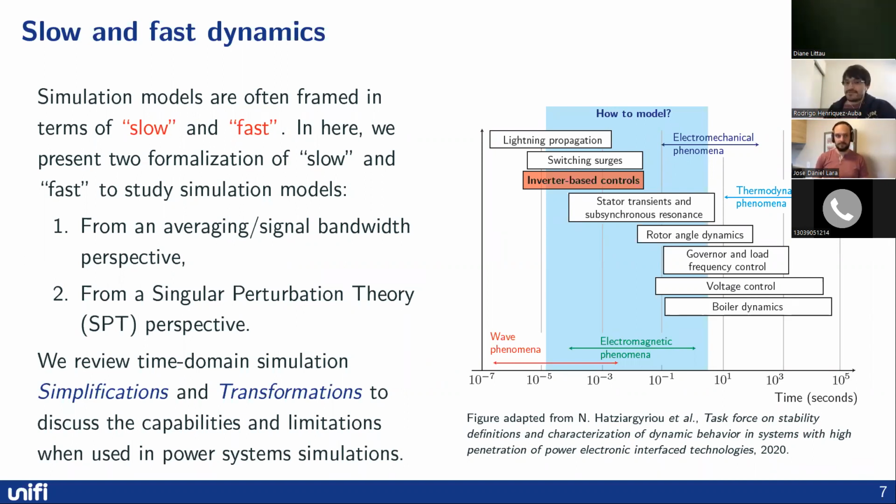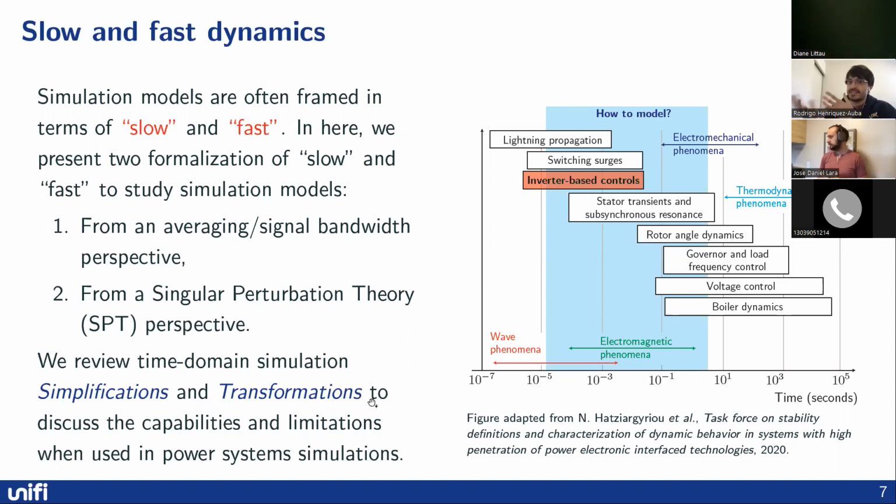So for us, it seems almost impossible to establish a general agreement in the same terms as the IEEE 1110, but I think achieving a similar standard for inverter models is an important research topic for the future. For the purpose of this presentation, we use two formalizations of what is slow and fast dynamics.